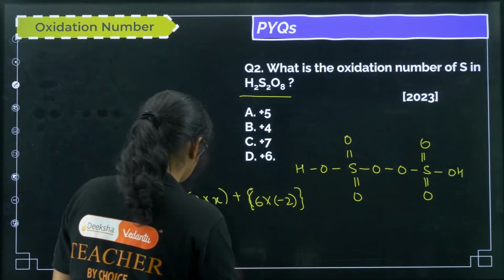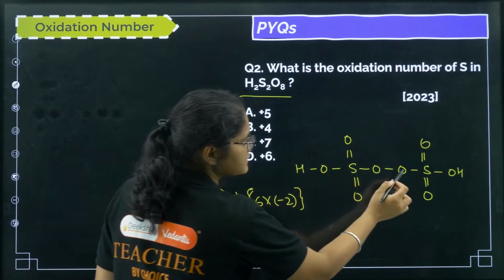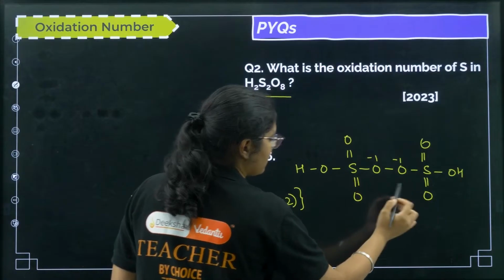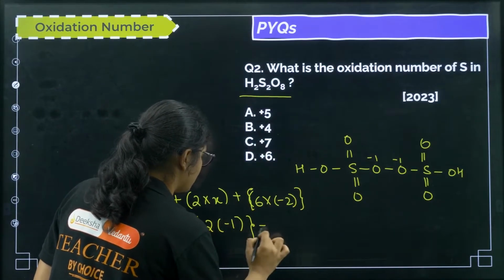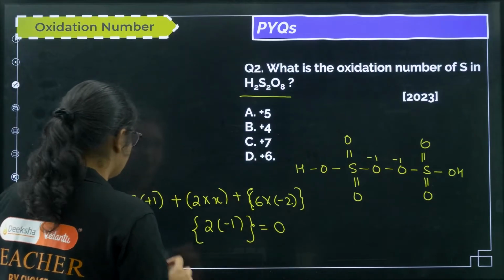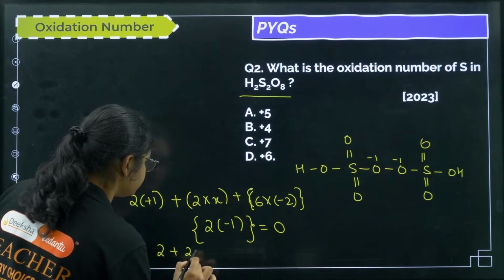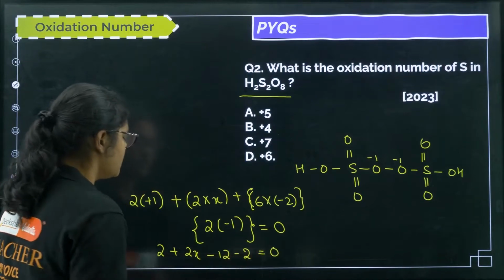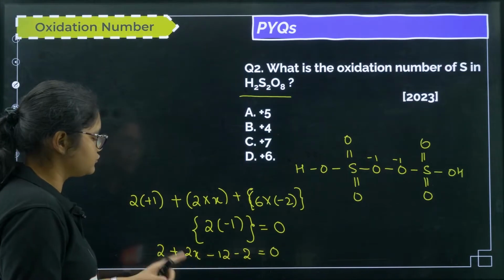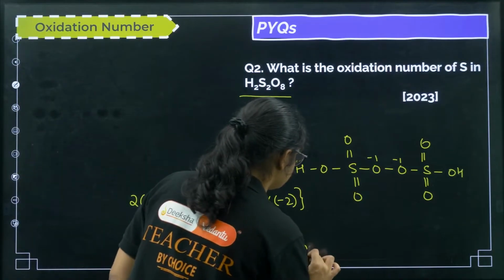And then we have 2 oxygens whose charge is -1 because it is a peroxide linkage, so 2 into -1, that is equal to 0. So I'll get 2 plus 2x minus 12 minus 2 is equal to 0. So we'll have -14 plus 2 is -12, so x will be equal to +6 here.